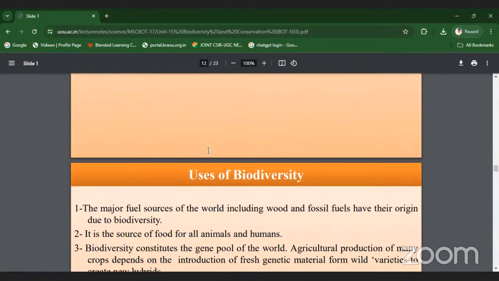Apart from that, another important value is the religious, spiritual and cultural value. For years, many plants and animals have had spiritual significance. For example, the Tulasi plant, we daily worship the Tulasi plant, and the banyan tree. Each temple has a banyan tree and also the holy plant Ocimum, the Tulsi plant.